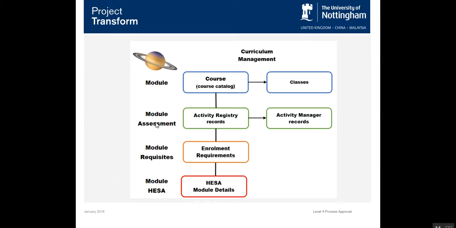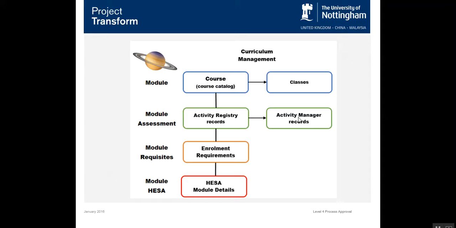Okay, then we've got module assessment, which in Saturn sits under the same record, but in Campus we have something called an activity registry record, which is where we define the assessments for a course. And when we say activity, we don't mean teaching, we mean assessment. Okay, and we have a version or a copy of that activity registry record created for every term, every academic year that the parent course is delivered.